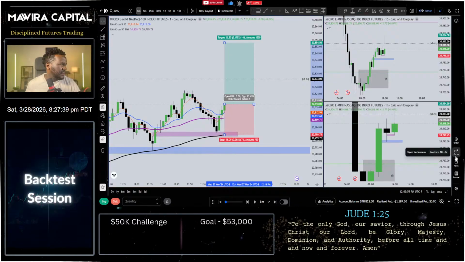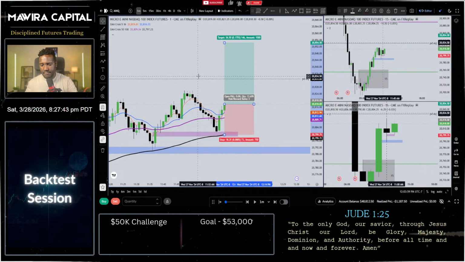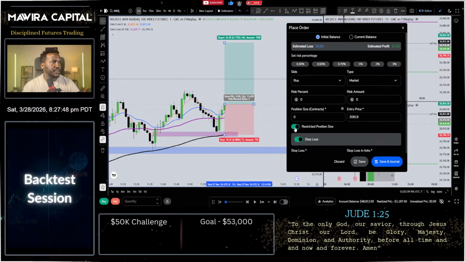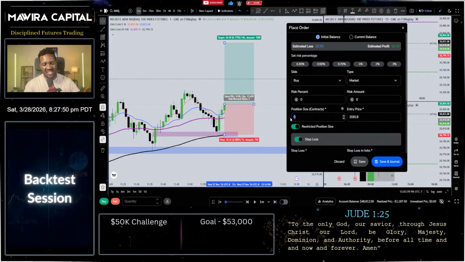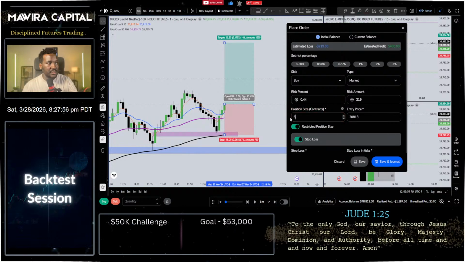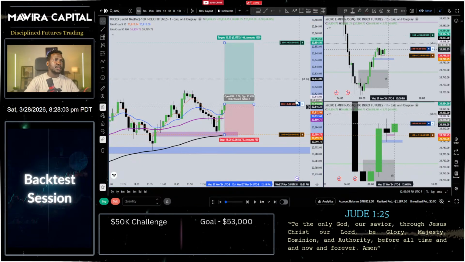What was it? Orders, market, Alt M, and these have to be restricted position sizes. We want to risk $200, so 6, 219. That's okay. So let's take 6 contracts, and we are in that trade.